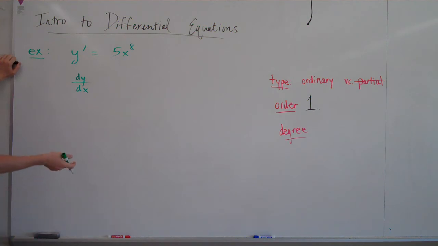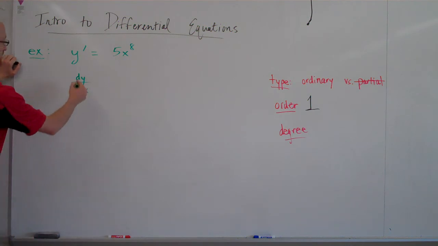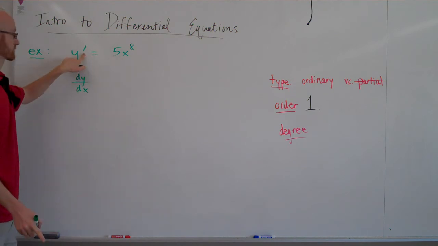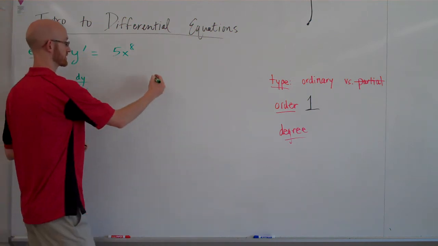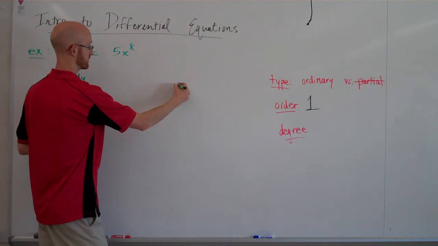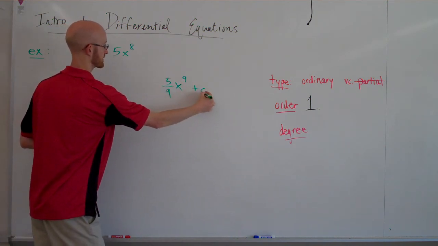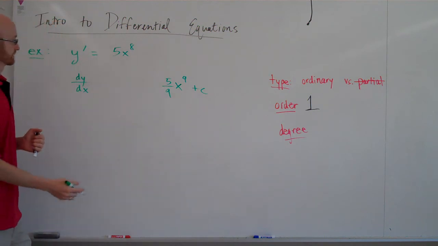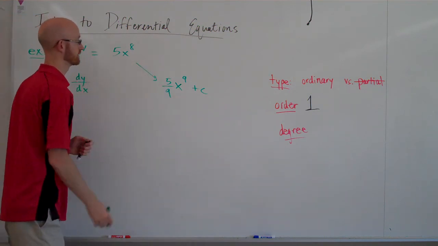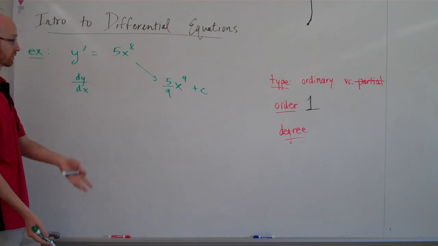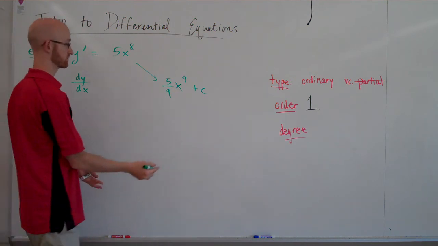So one thing you could do is simply look at this and say, oh, if that's the derivative, I know what the antiderivative is. It is x to the 9th times 5/9, plus C, right? This would be the antiderivative of that. So that actually will work as our function.